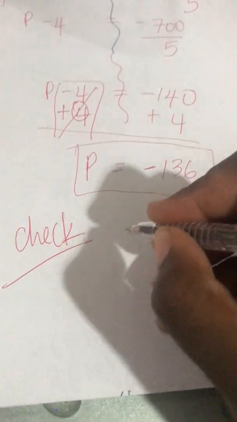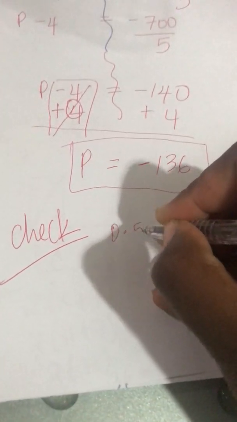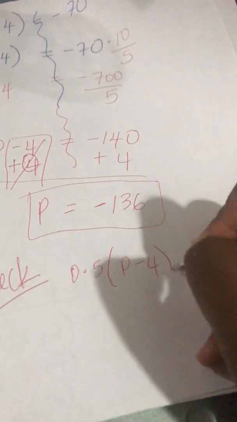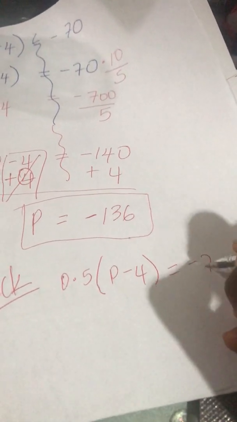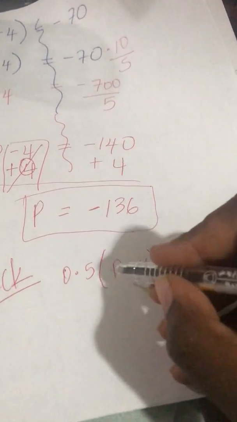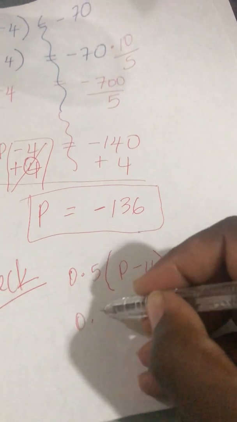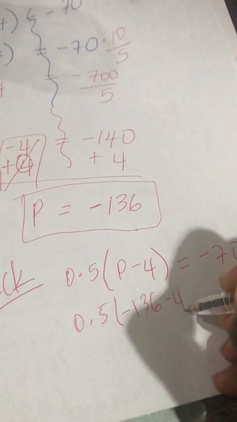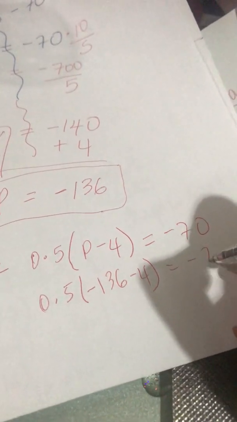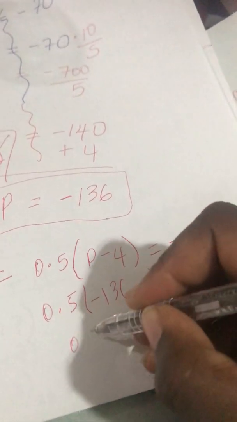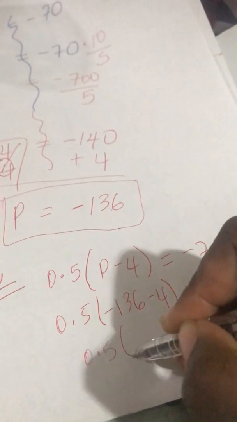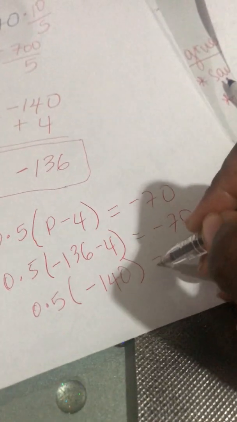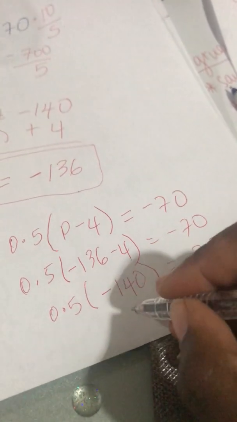So you have 5/10 P minus 4 equals negative 70. And then negative 136 minus 4 equals negative 70. Negative 140 equals negative 70.